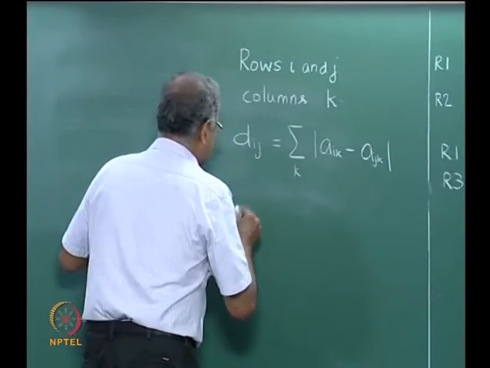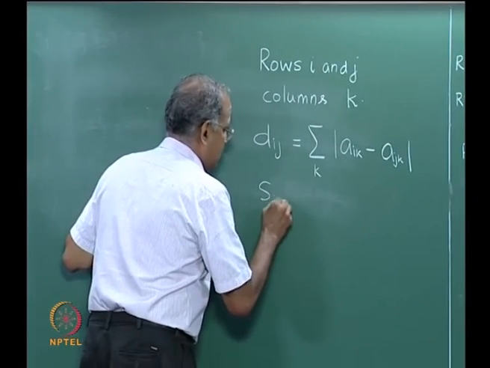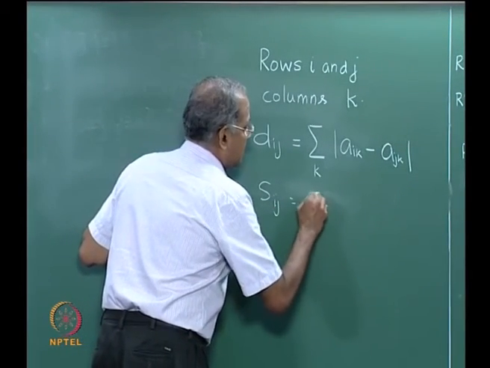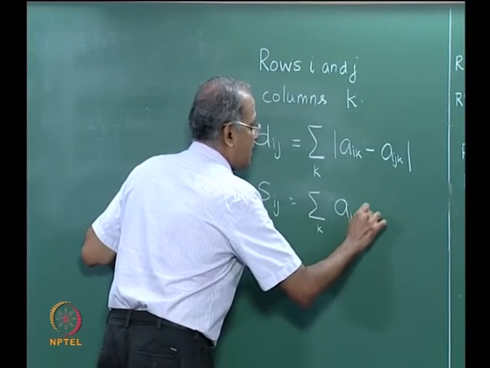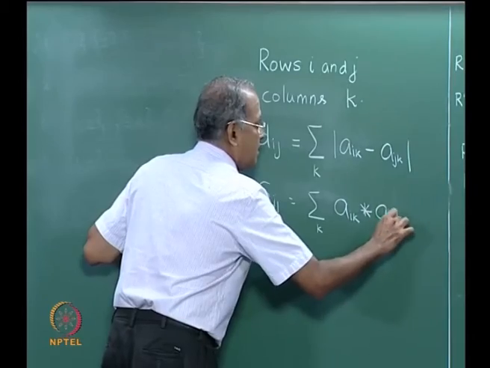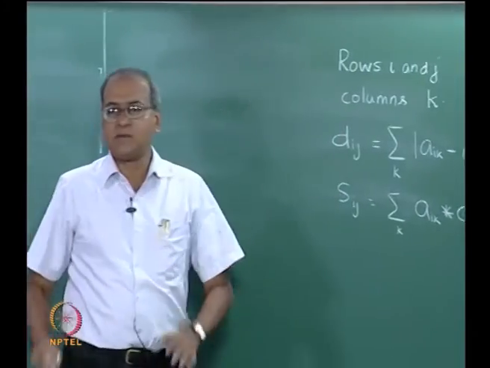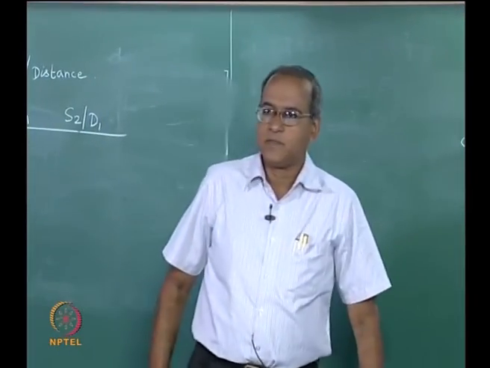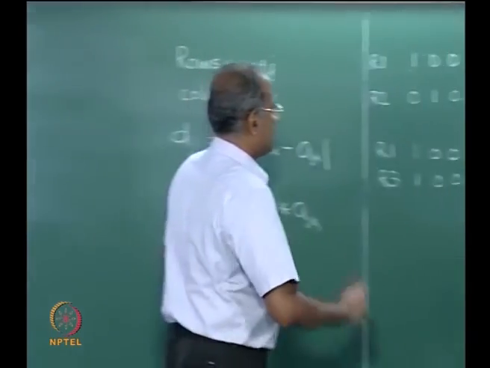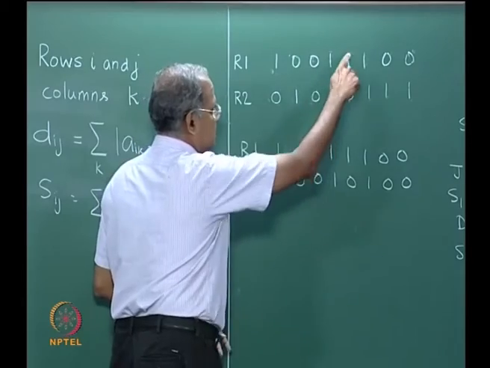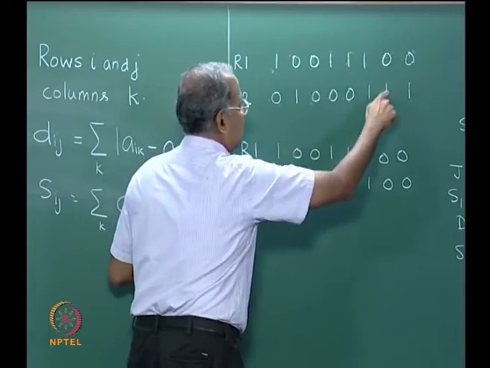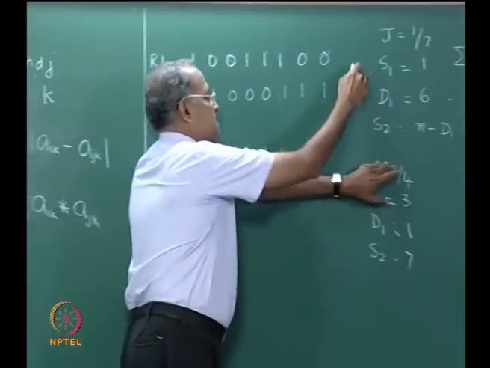Now, the other one, S_ij, is equal to the summation over k of a_ik into a_jk, just multiply both of them. Let us see what happens here. 0 0 0 0 0 1 0 0, which is 1.